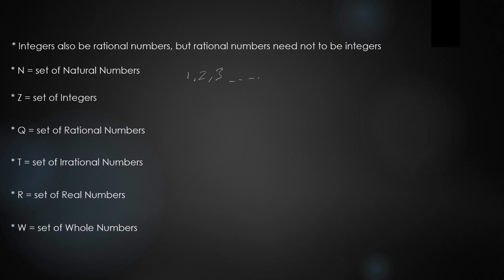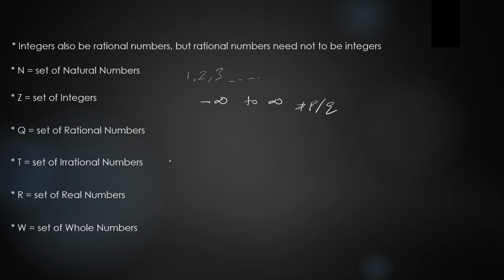And Z is the set of integers, from minus infinity to plus infinity. Decimals in p by q format are not included in integers. Integers are exact values like -3, -2, 0, 1, 2. So these are called integers.